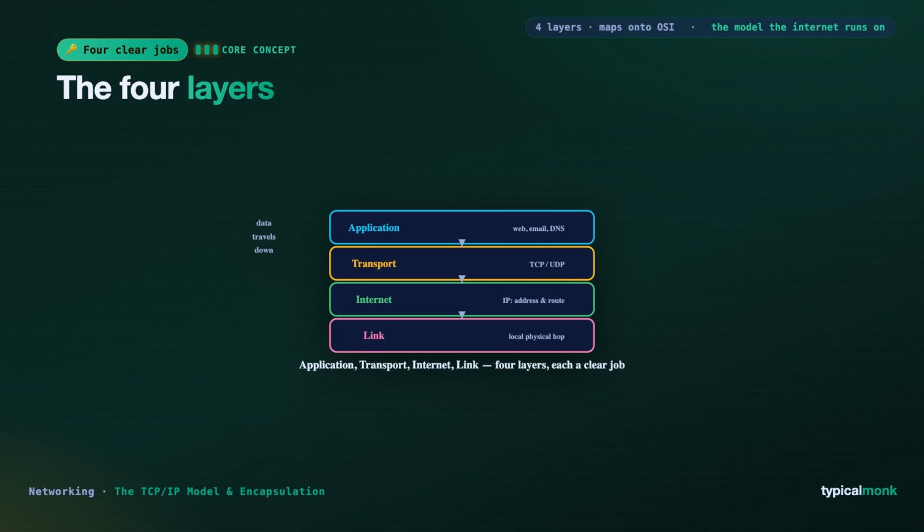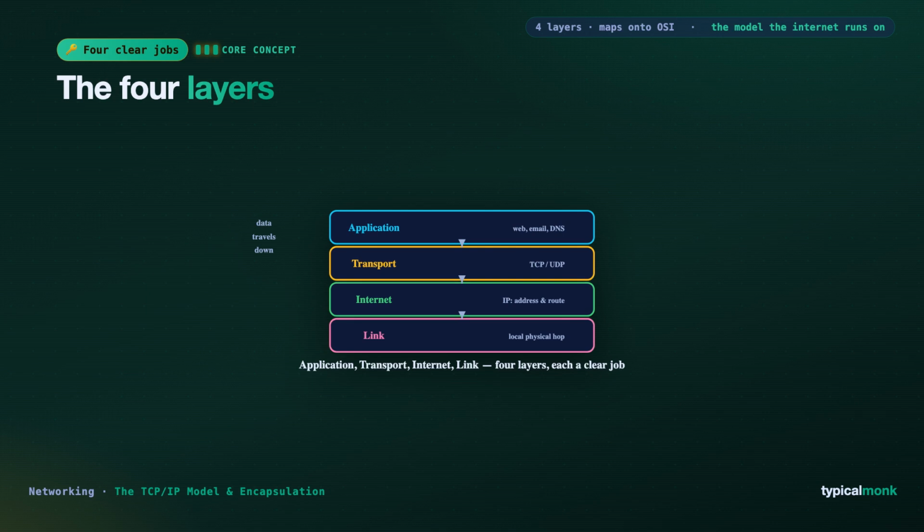Then comes the internet layer, where IP lives. It handles addressing and routing, giving every device an IP address and getting packets across network after network to reach anywhere in the world. And at the bottom is the link layer, which handles the actual local hop, moving the data across one physical connection to the next device over the wire or the air.